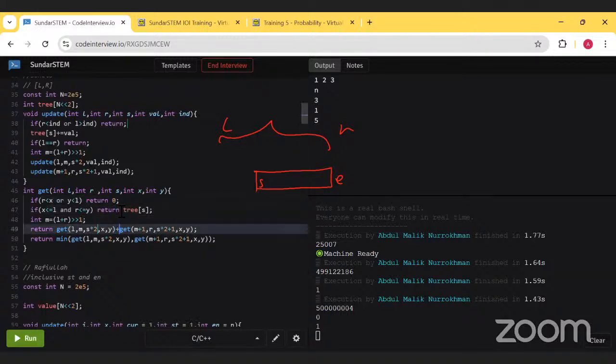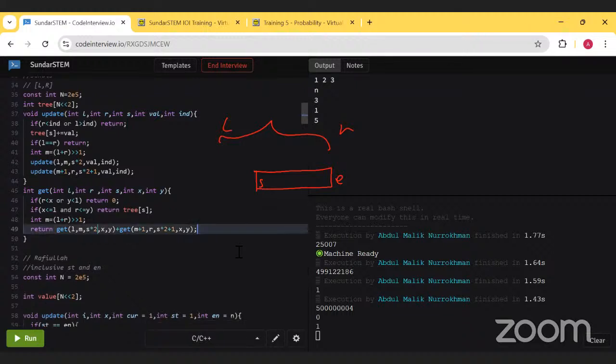Okay. And also there are various problems.